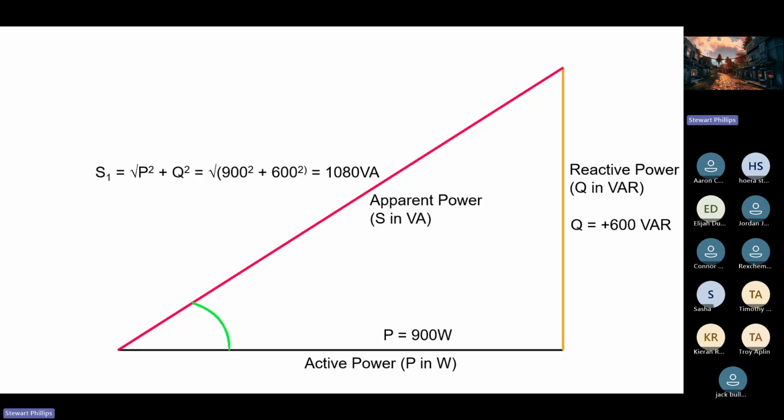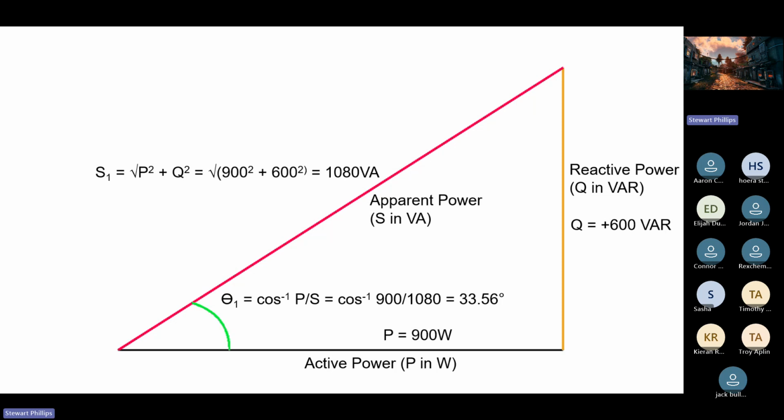To figure out our VA, we take P squared plus Q squared and square root that. 900 squared plus 600 squared gives us 1080 VA. Then we can figure out our power factor angle.